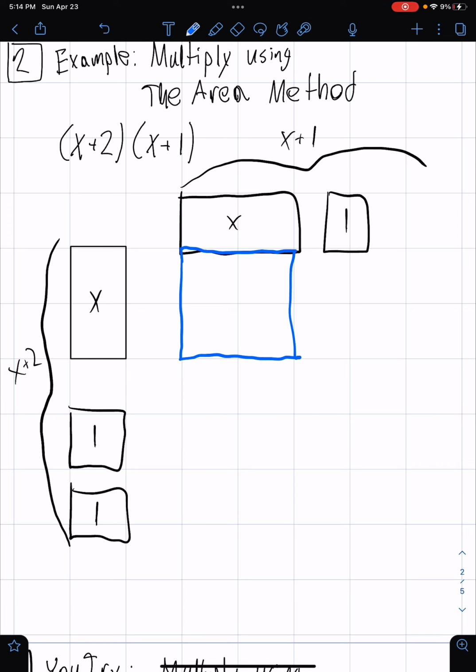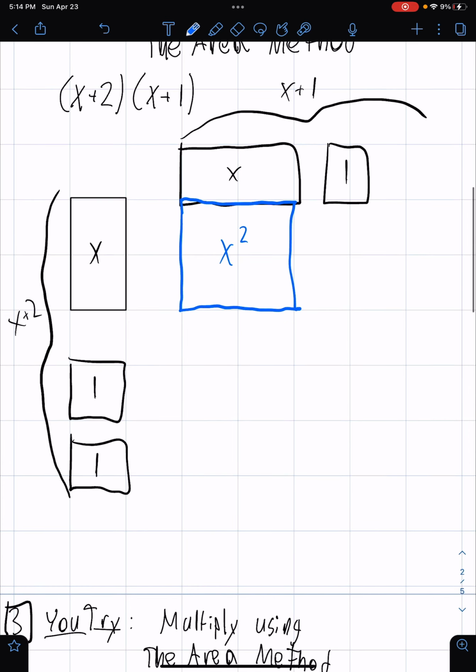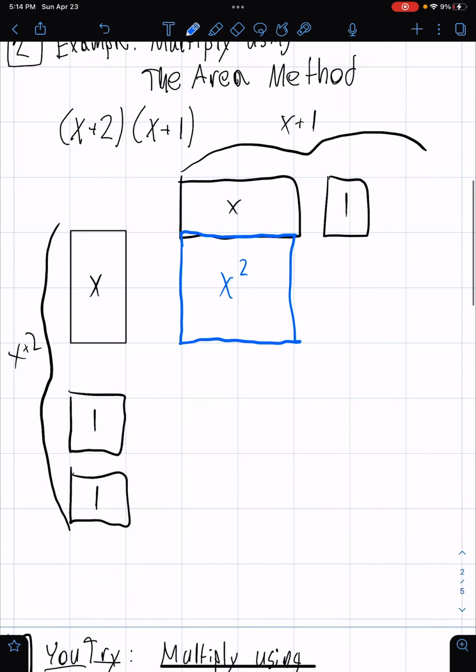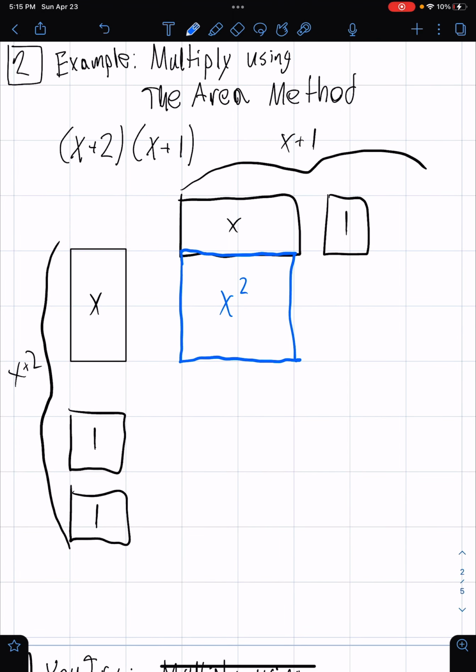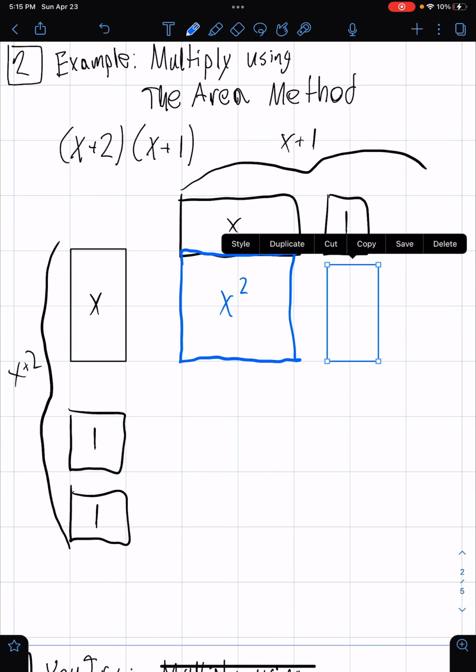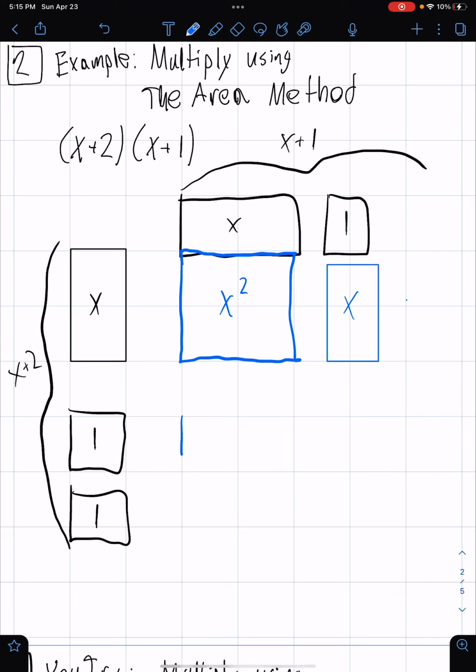And so we would get x squared, and following this we would get x, and in this one right here we would get x, and the same applies for the bottom one.